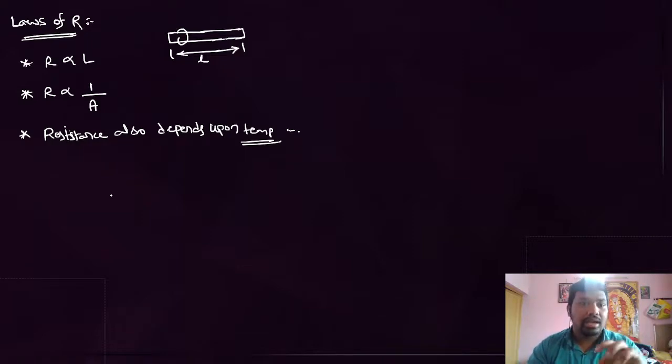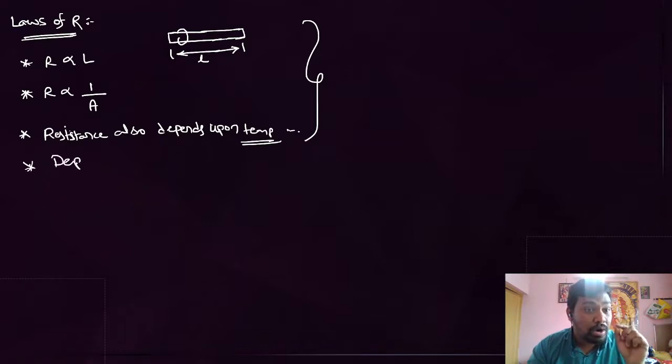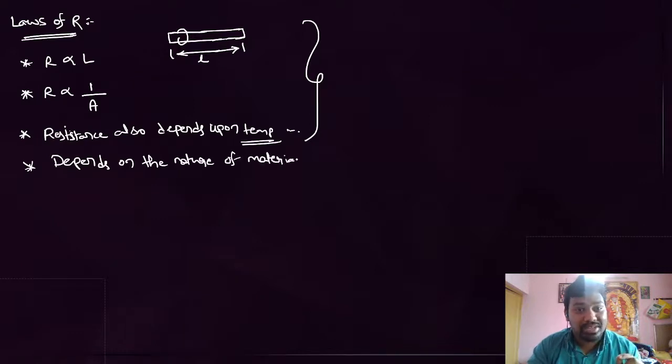For the time being, let us remember that resistance also depends upon temperature. So these are the three most important points, and there is one more point: resistance also depends upon the nature of the material. So there are four laws of resistance.